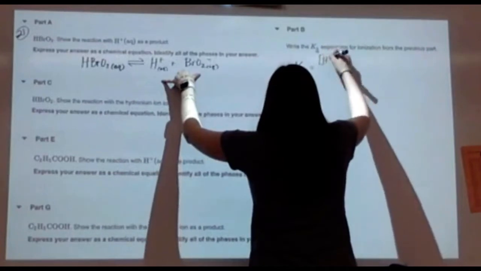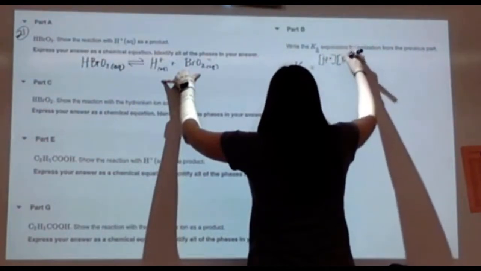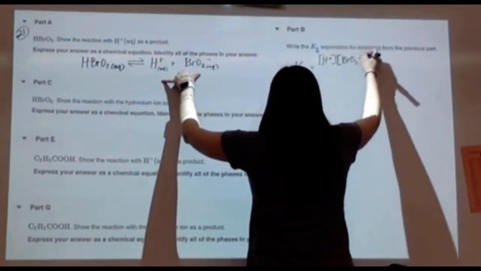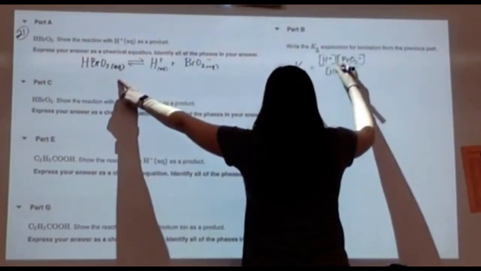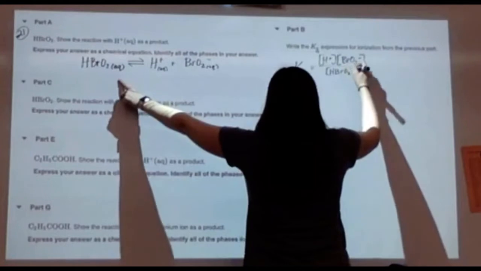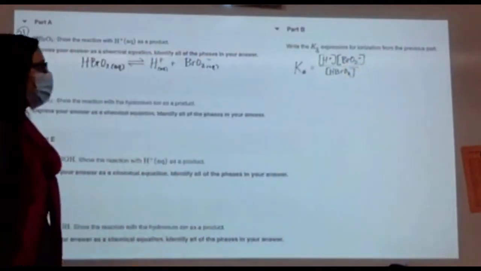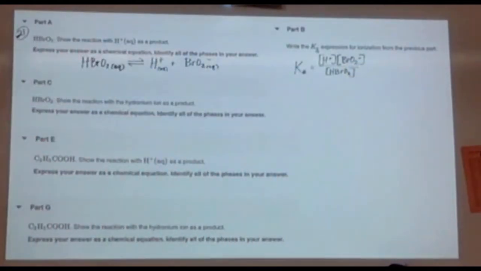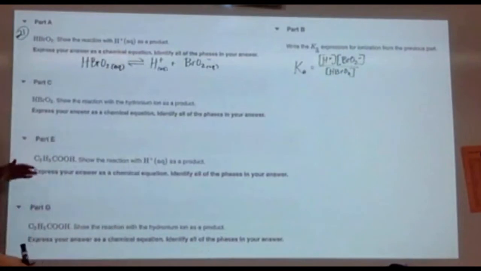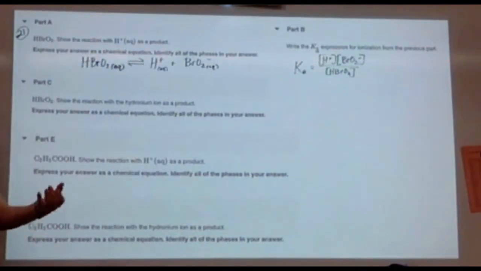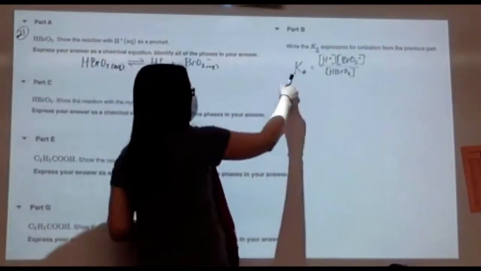So we're going to have H plus concentration times BrO2 minus over the weak acid. So that's our Ka expression. The way it works on Mastering is that parts B, D, F, and H are actually multiple choice questions for writing the K expression.